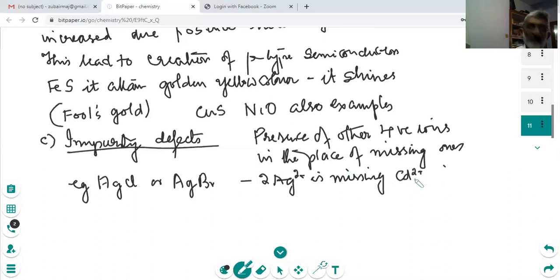This is replaced by Cd2 plus. Remember, it is having the same size.